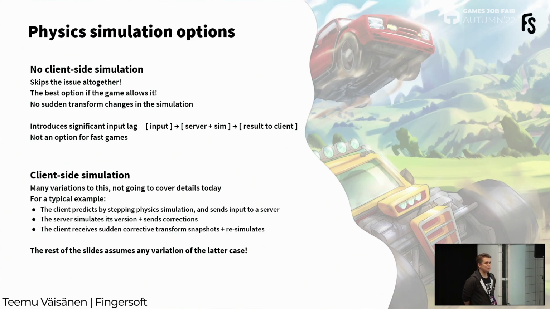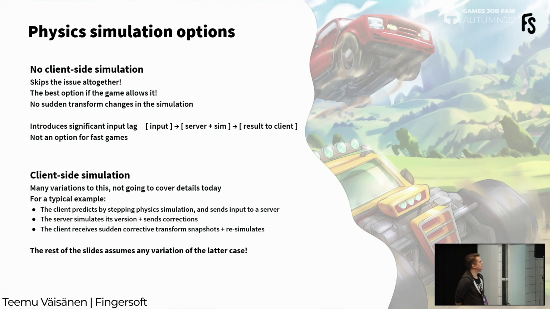I actually had multiple slides about this, but I had to dumb it down a little due to time constraints. I tried to split the options. Of course, you have the option to not do any client-side simulation, and I would say this is the optimal path you should take if you can choose it. Basically, you don't do any simulation or stepping on the client side at all. So I would say this is the best option if the game allows it.